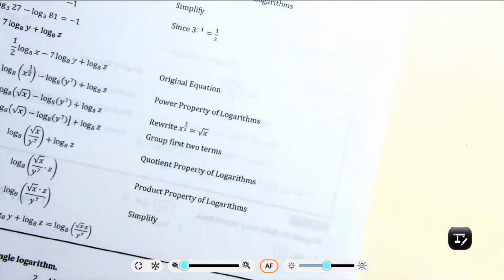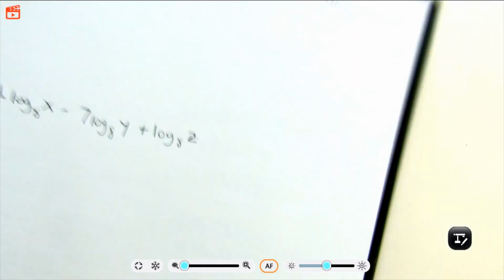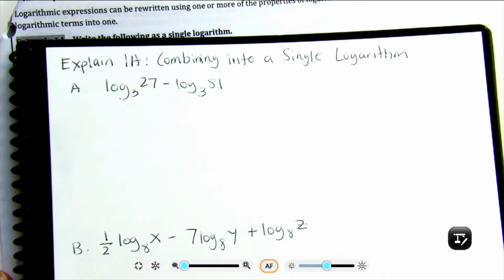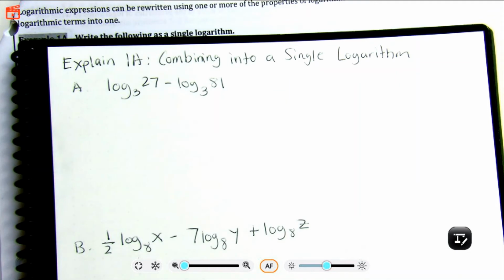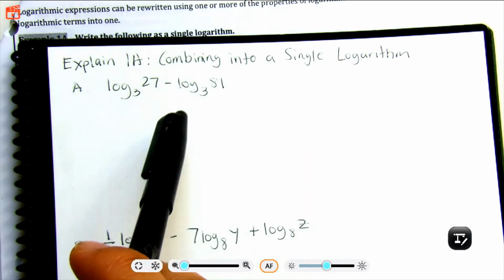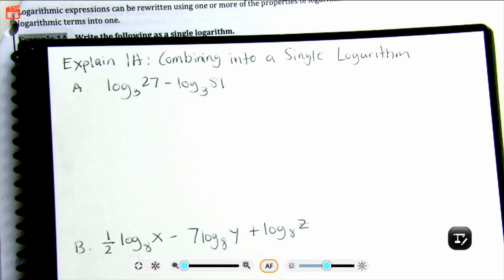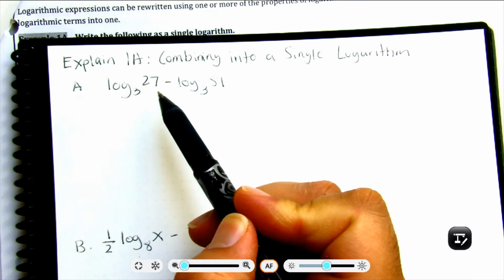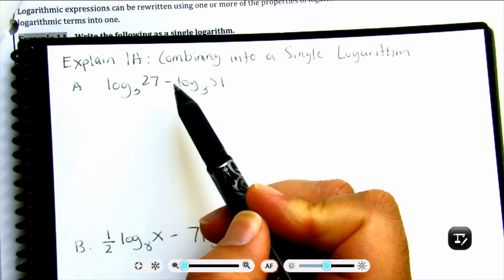Okay, so now let's look at some examples. The first part that we're going to be doing is going from multiple logarithms, and our goal is to combine them into one single logarithm. So to start with, we have a minus sign. And remember that if there's a minus sign, that means this is the quotient property.